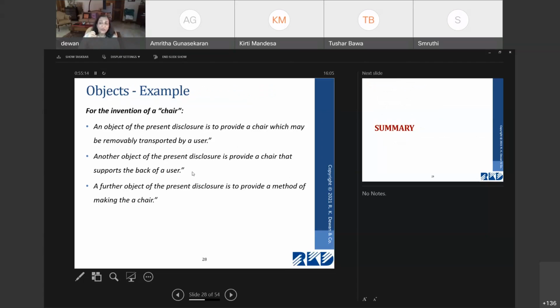So we've not described the elements of the chair, the relationships, or the structure or characteristics that make it a novel or inventive chair. But we are saying that this is the advantage: despite being portable, it also gives me support for the back. Okay, and then here we also have a method of making the chair.